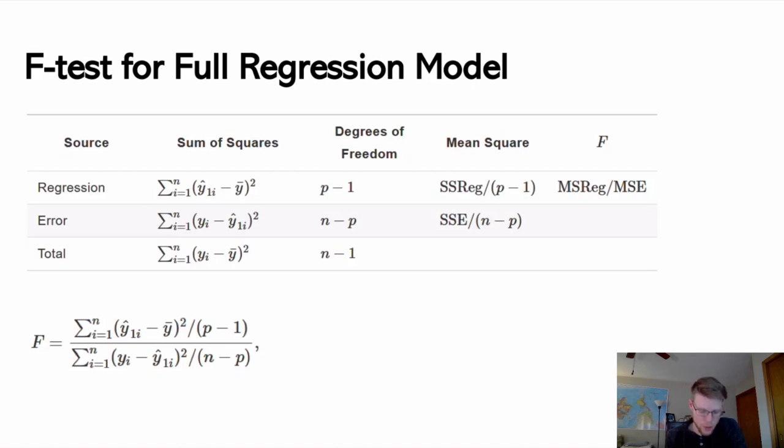So y sub i minus y bar is telling us just raw variability in the response. y sub i minus y hat is what isn't getting explained. y hat minus y bar is what is getting explained. It's the improvement that I'm adding from just using y bar as a universal best guess for the response variable.